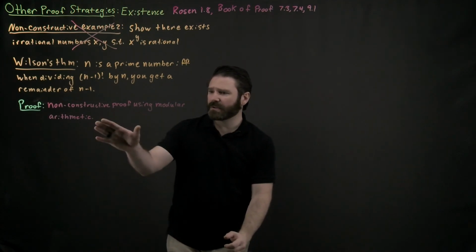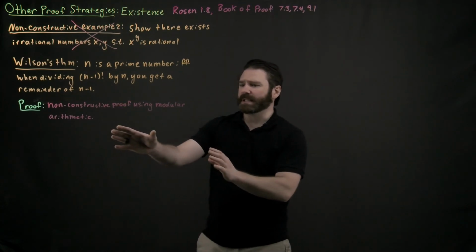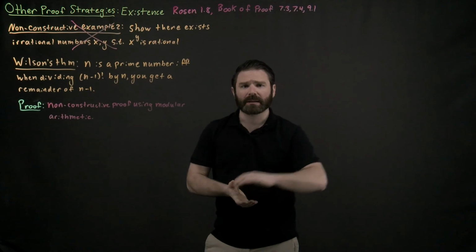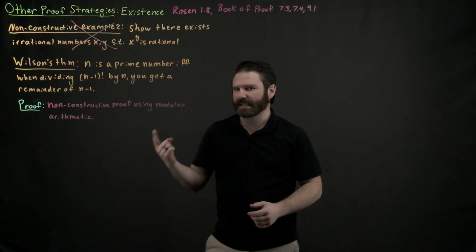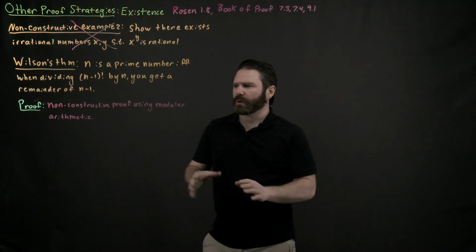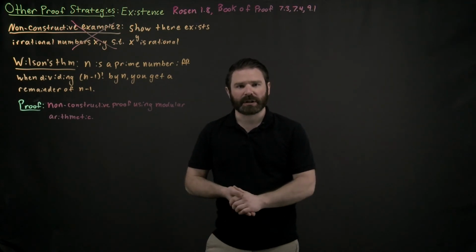It uses modular arithmetic, which we're going to cover later in this course. So I'm not going to prove Wilson's statement. All I'm going to say is that it's a non-constructive proof.